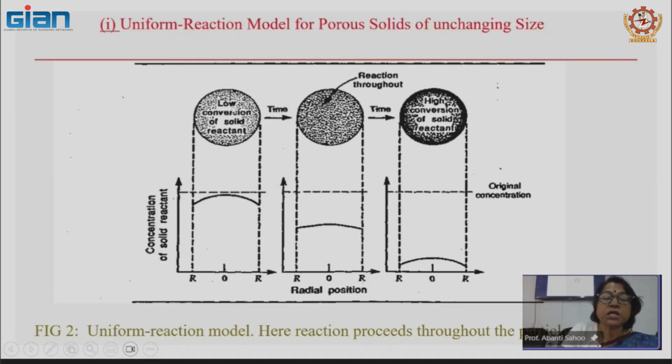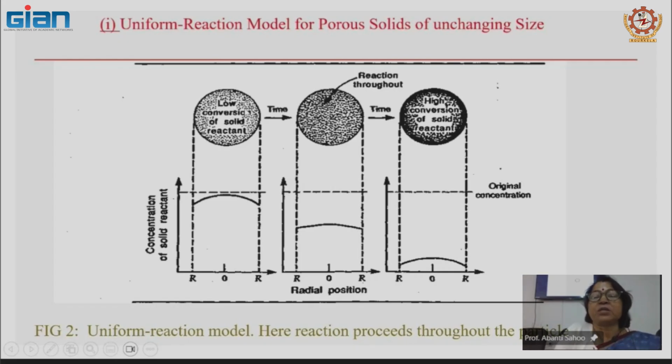Diffuses means it moves to the inside of the particle through the pores, and through those pores the gaseous reactant diffuses into the core of the solid particles. You can see the concentration of the solid reactant is maximum. When the gas is diffusing through the pores, all the pores of the solid particles are completely filled with the gas first.